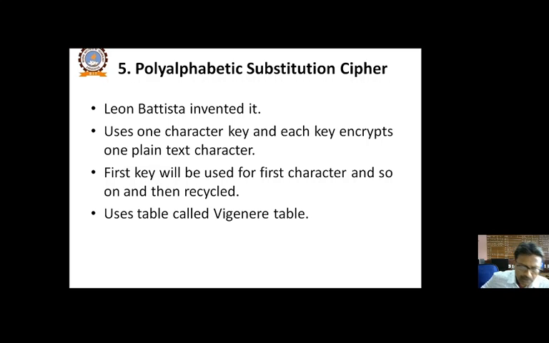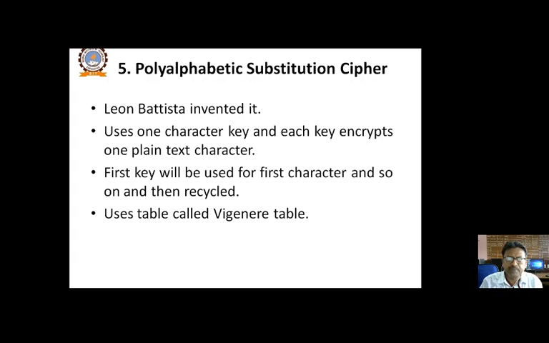Third character of the plain text will be replaced by another character depending upon the third character of the key, and so on. And since we have 10 characters in the message and there are only 4 characters in the key, we are recycling the key. After the key is exhausted, we will use the first character of the key again for the next replacement, and so on.